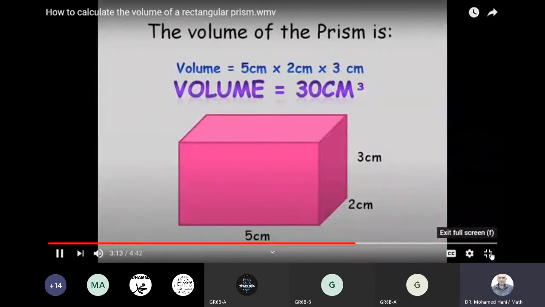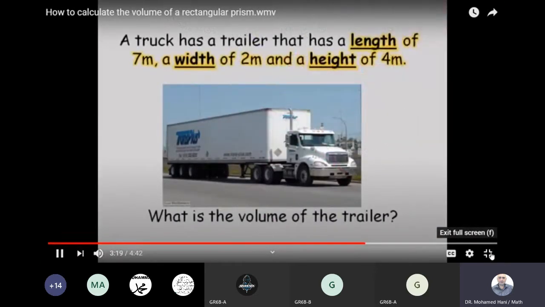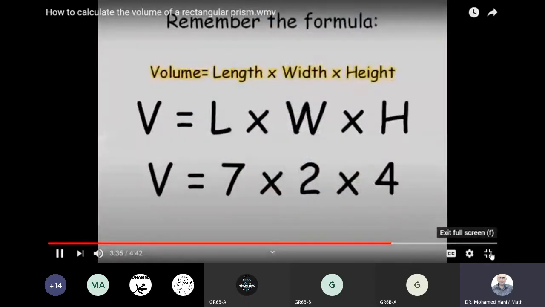Now that you know the formula, let's have a go at doing the next problem. A truck has a trailer that has a length of 7 metres, a width of 2 metres and a height of 4 metres. What is the volume of the trailer? Make sure you remember the formula.